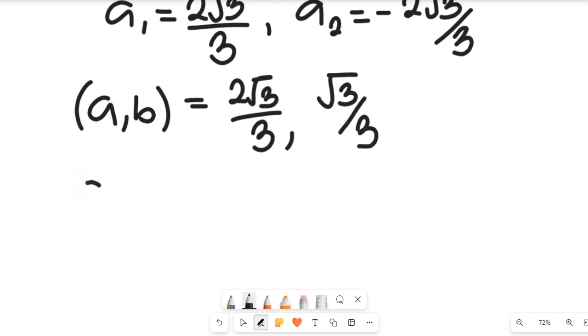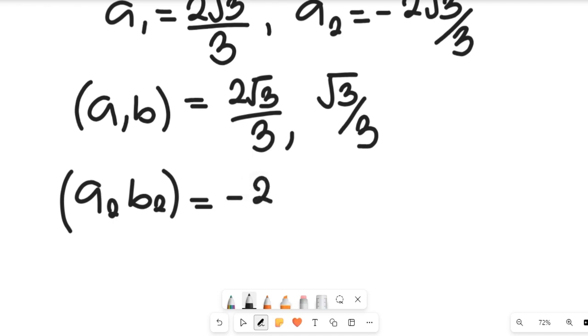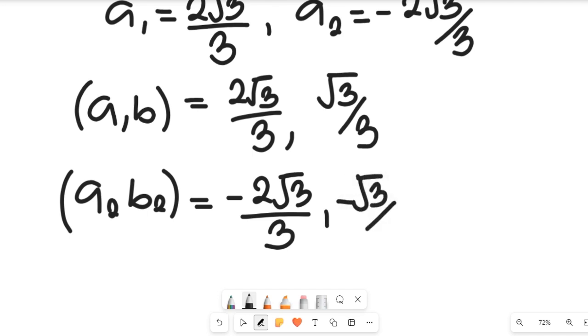And then we'll have the second solution, A2 and B2, and both of them are equal to negative 2 root 3 divided by 3, that's A, and then negative root 3 divided by 3. So these are the solutions to the expressions we are given.